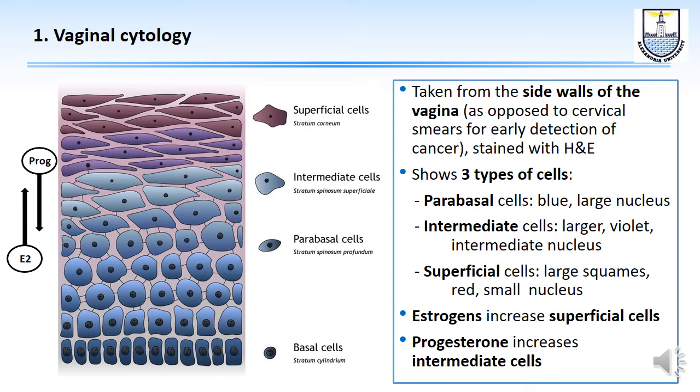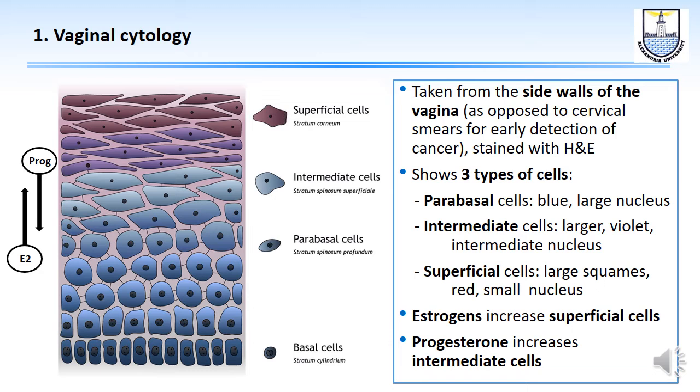The basal cells have a big nucleus, and the more the cell grows and matures, the nucleus becomes smaller and smaller until at the end it loses the nucleus. So the superficial cells have what we call a pycnotic nucleus, a very small nucleus.